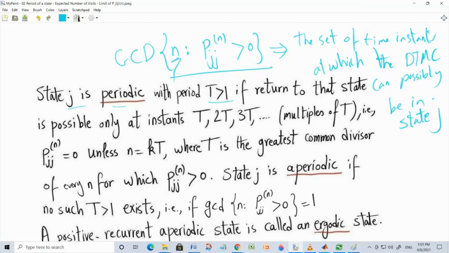If you compute this GCD and it is not greater than 1, in fact it is equal to 1, then the state is aperiodic.